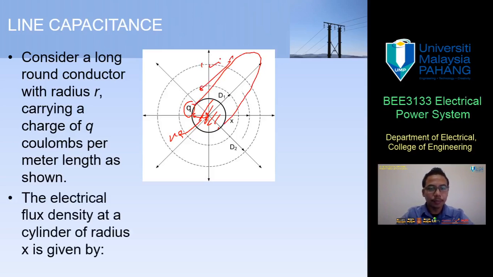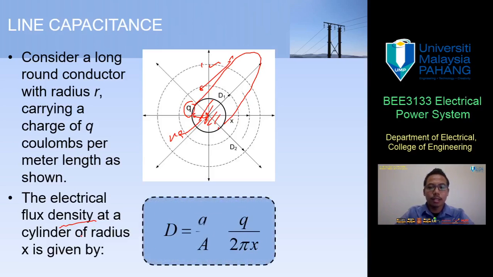So from here, what can we get? We can get the electrical flux density. The electrical flux density at a cylinder of radius x is given by D, where D is the charge over the area.